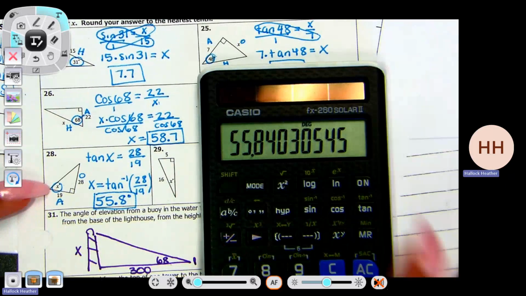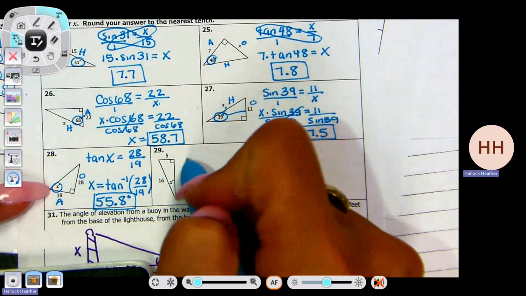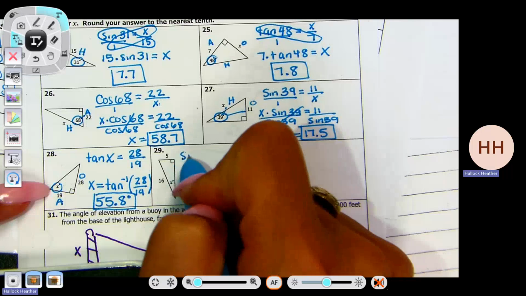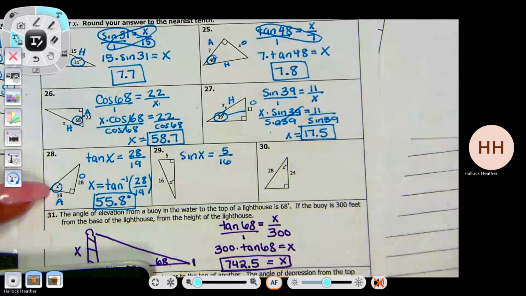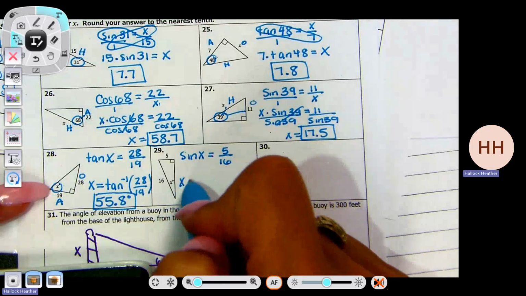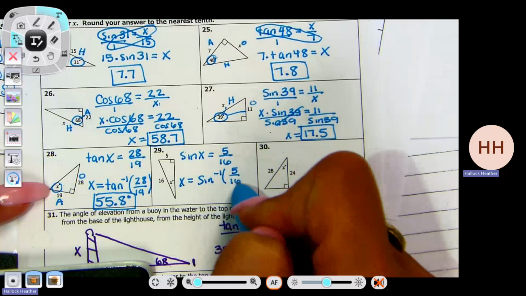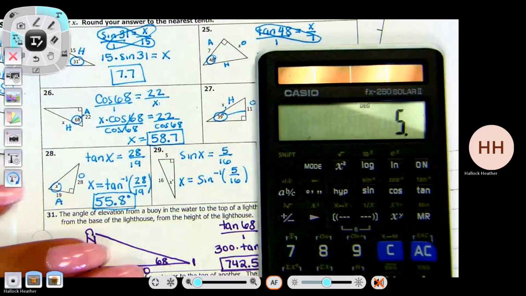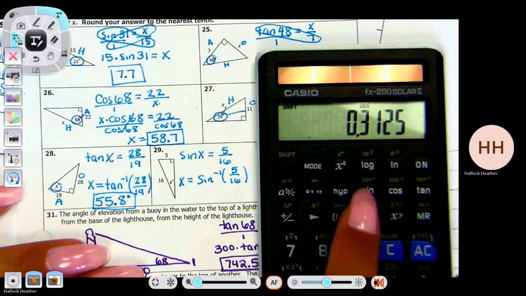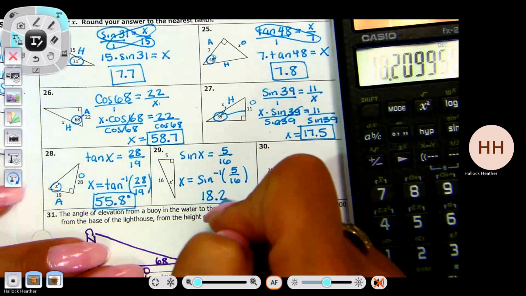Before I was finding a length, a distance. This time I'm finding an angle inside the triangle. So I have opposite and hypotenuse. So this is another sine problem. So sine of x equals 5/16. I'm trying to find the angle, so I'm inversing sine. So I'm going to do 5 divided by 16 in the calculator first. Press equals, and then shift sine. So 18.2 degrees.